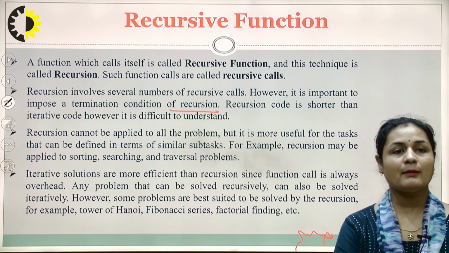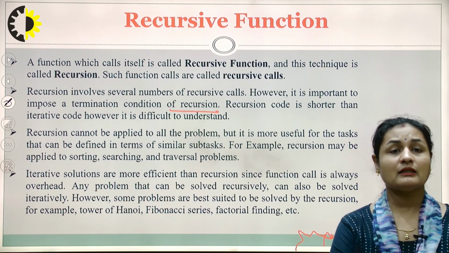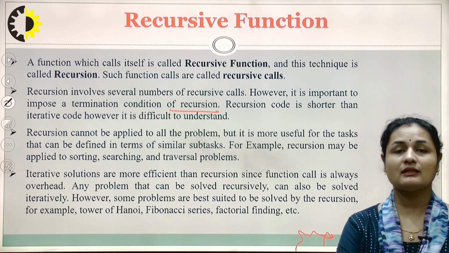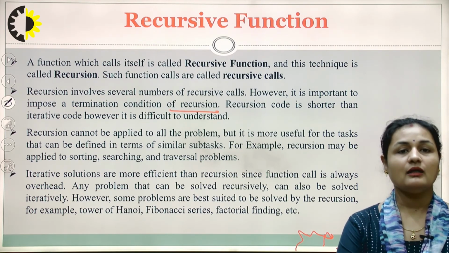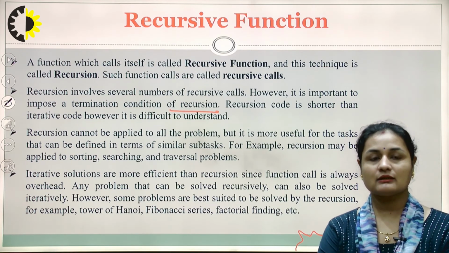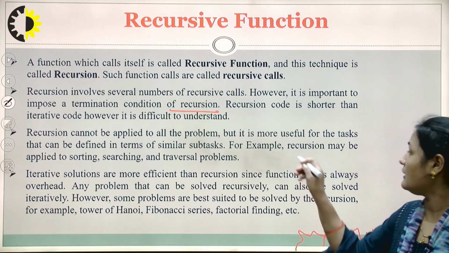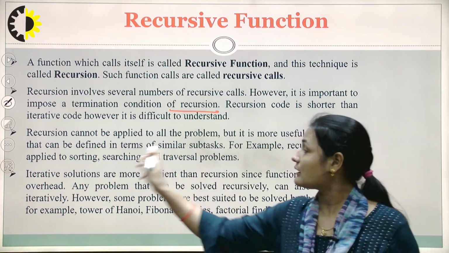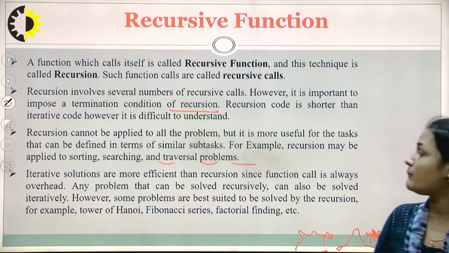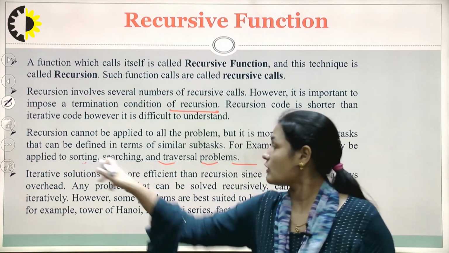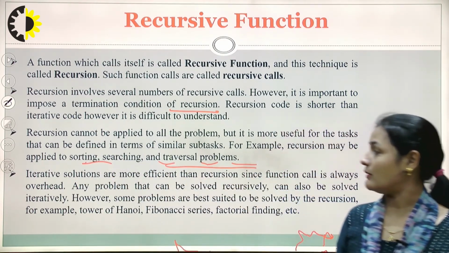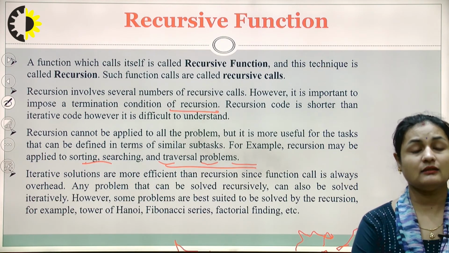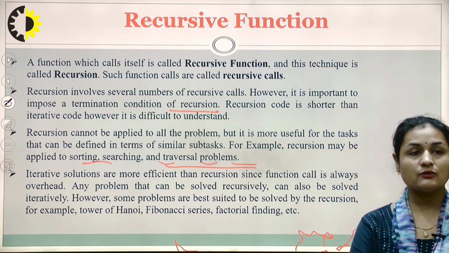Recursion cannot be applied to all problems, but it is more useful for tasks that can be defined in terms of similar subtasks. For example, recursion may be applied to sorting, searching and traversal problems. These examples are important. Iterative solutions are more efficient than recursion since function calls are always overhead.